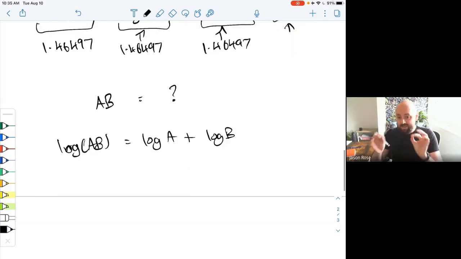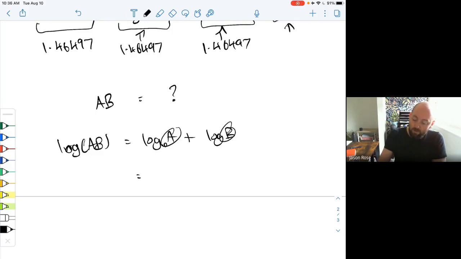You had these big tables that you would look up. You go to page whatever for the logs that have base 10. You would look up your numbers A and B, and you would find those numbers are usually relatively small. You can do the addition easily enough because addition is not as tough as multiplication. And I guess the people who had these jobs were very, very good at adding numbers with bunches of decimals and things. That's much easier to do.